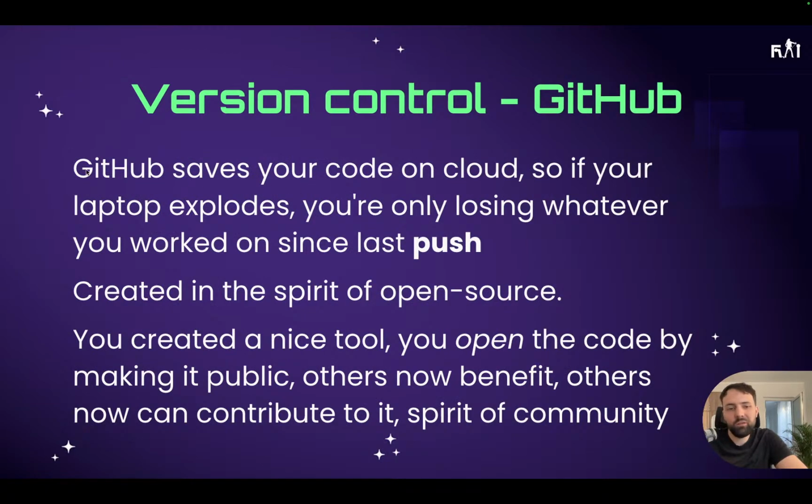And I've already talked about GitHub, so this is pretty clear here. It was created in the spirit of open source, where you share your tools with the community and the community helps and contributes to your tool, so everyone benefits. It's not like everyone creates their own version of something completely separate, with a lot of duplicated potential.